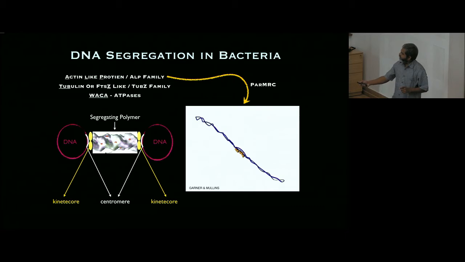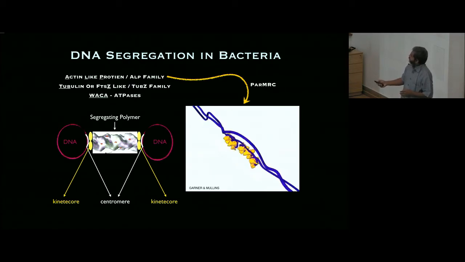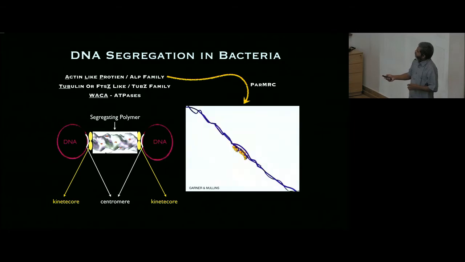This is just one element. This is a single protein, and this is a single protein that forms the polymer. So you have just 3 components doing the job. It cannot get more minimalistic than this. One of the most well-studied systems is the ParMRC complex, where the kinetochore, ParR, binds the DNA here. And the polymerizing protein, when bound to a single plasmid, keeps growing and shrinking.